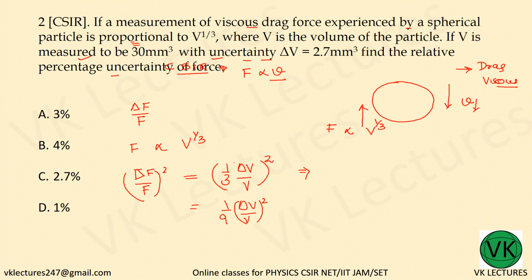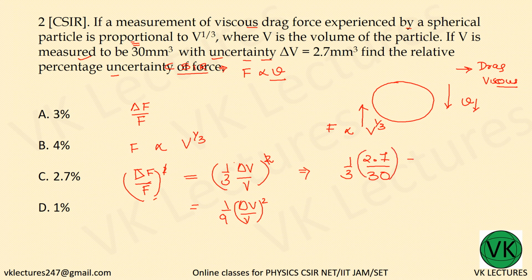Here you need not worry about this square because there is only one variable. So delta F by F will be equal to 1 by 3 delta V by V. What is delta V? 2.7. What is V? 30. Since both are in millimeter cube, you need not worry about the unit.